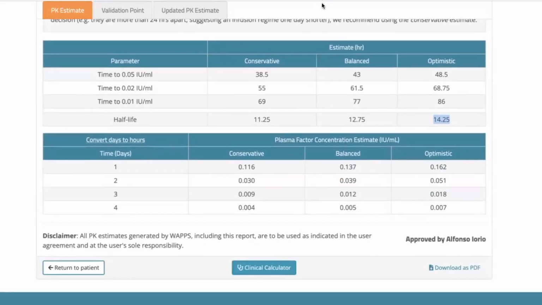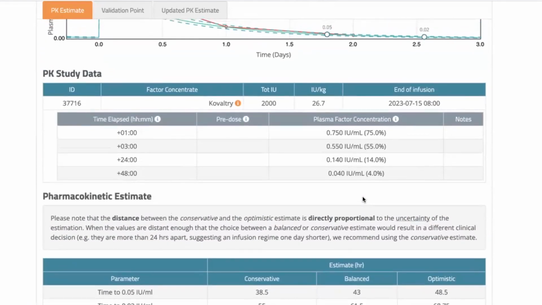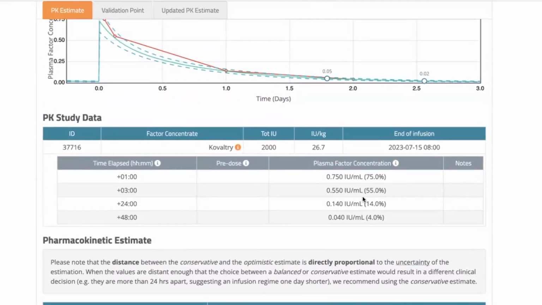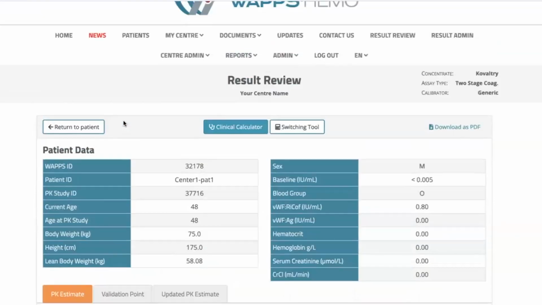If I look at the time to concentration for 3 days, it is 1%, can be as low as 0.9, can be as high as 1.8, but it is really a narrow estimate. So if you were to ask me what are the ideal points, I would tell you, well, I can work with 1 and 3 hours, but for sure, if you give me 24 or 48, I can work much better.